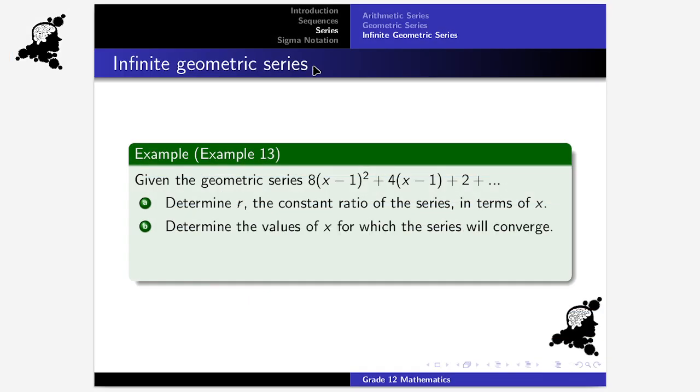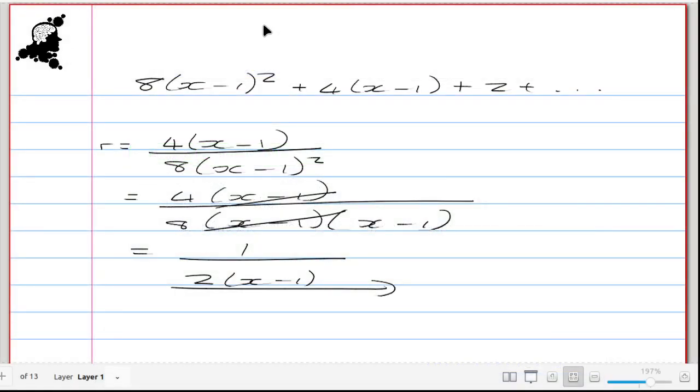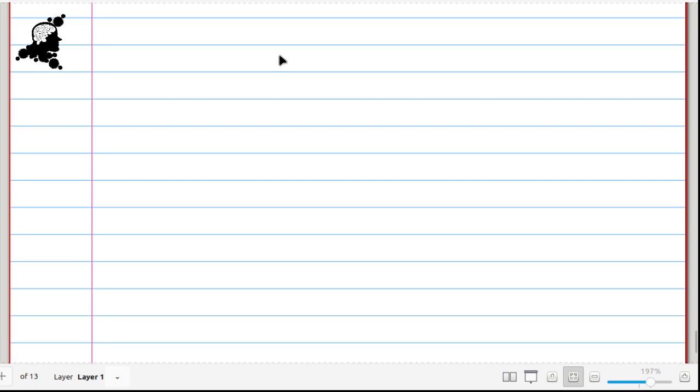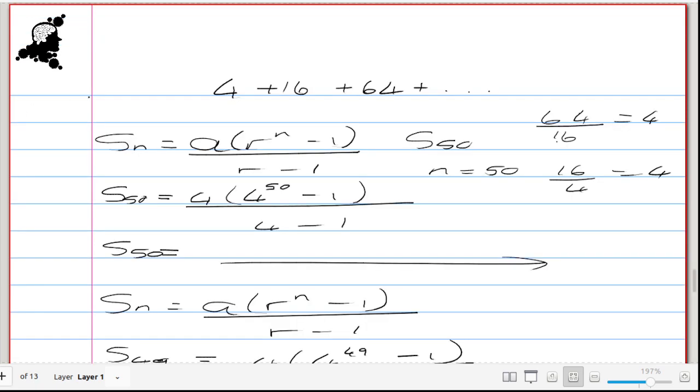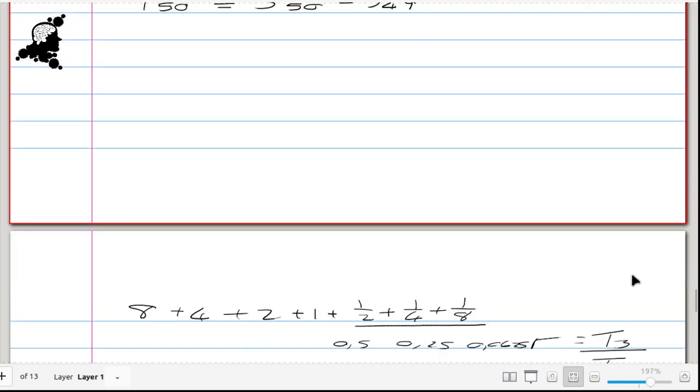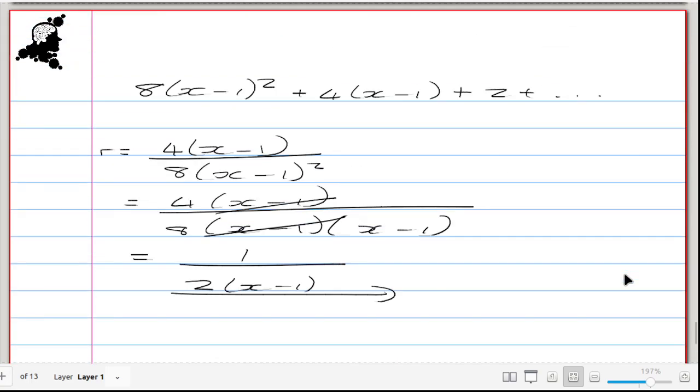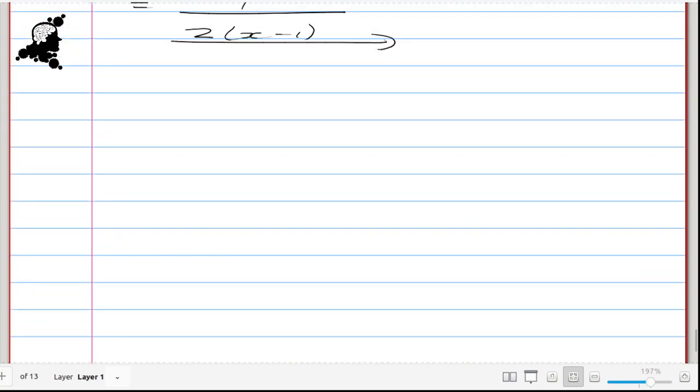The question says, determine the values of x for which the series will converge. So, once again, if you can remember what we said earlier, for a series to converge, oops, you are not supposed to see that. That was a mistake. For a series to converge, the value of R must be between -1 and 1. So let's substitute the value of R. This is 1 over 2 into x minus 1, which is less than 1.